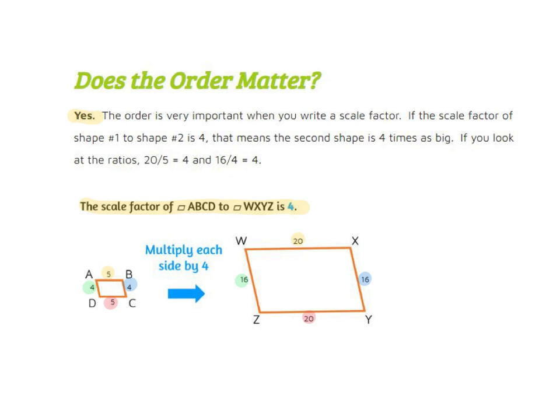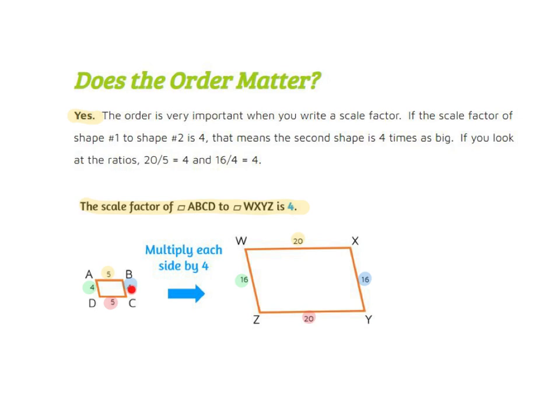So a commonly asked question is, does the order matter? And yes, the order does matter when you write scale factor. The scale factor of shape 1 to shape 2 is 4. And so that means the second shape is 4 times as big. So if you look at the ratios here, if we look at our yellow side, 5 times 4 would be 20.